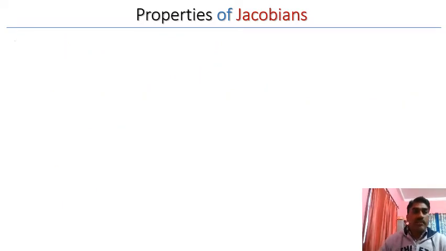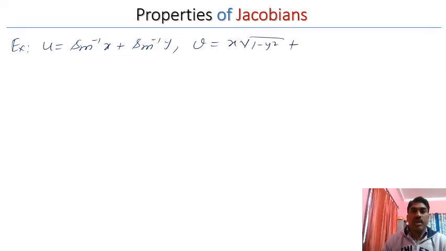Take another example. u is equal to sine inverse x plus sine inverse y, and v is equal to x square root of 1 minus y square plus y square root of 1 minus x square.